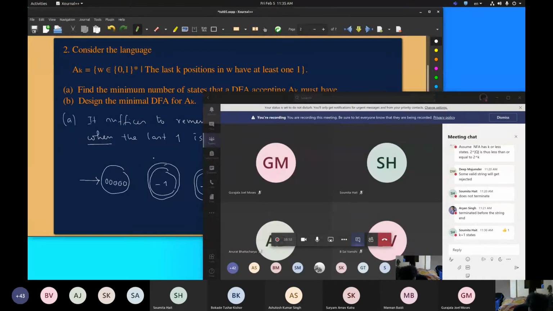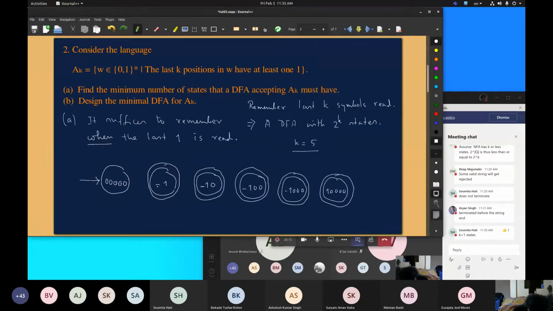Now let us see the transitions. Whatever is there in the remaining positions doesn't matter. If a 0 comes, it will stay here. If a 1 comes, the last symbol read is 1. Likewise, everywhere, if a 1 comes, I will have a link like this, 1, 1, 1, 1.